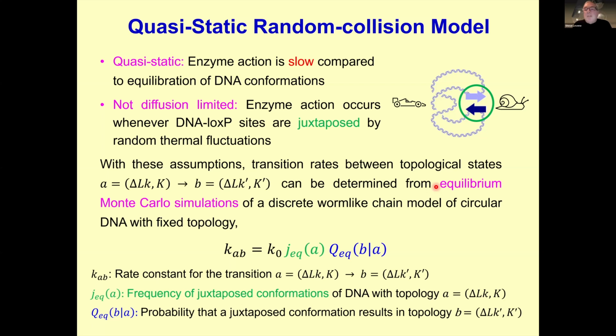And so these sites then just collide randomly. This is sometimes referred to as a random collision model, although I don't particularly like that term. But the essence of it is that the DNA can undergo many, many conformational fluctuations on the time scale that it takes for a recombination reaction to take place.